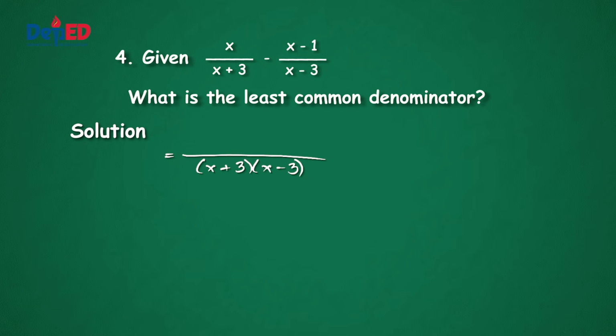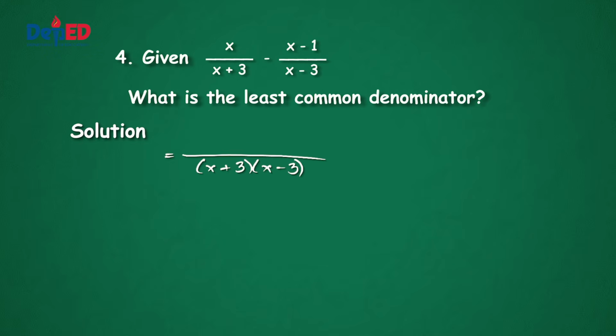We have identified that the LCD as the product of x plus 3 and x minus 3. So we will multiply the numerators by the respective factors. What could that be?